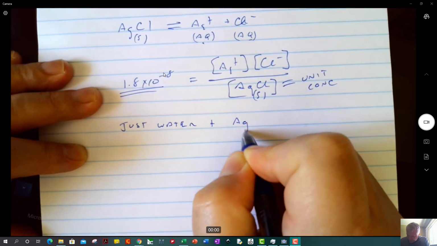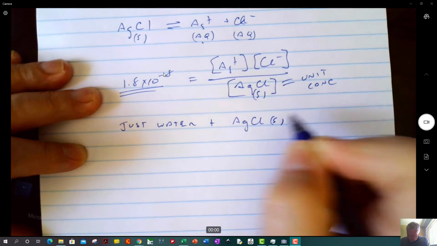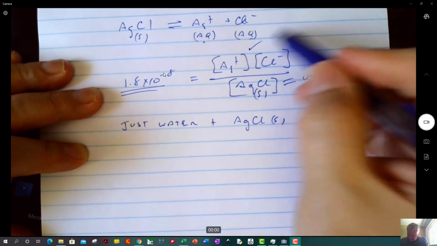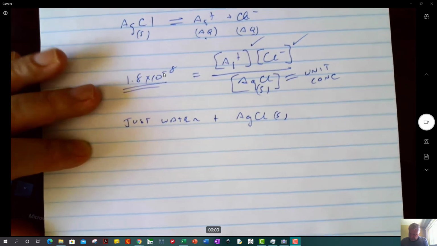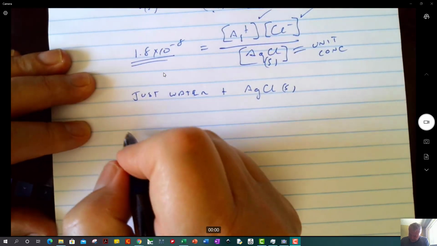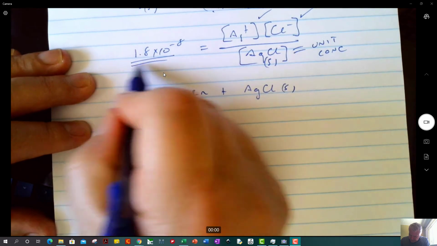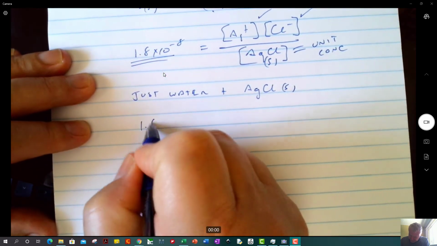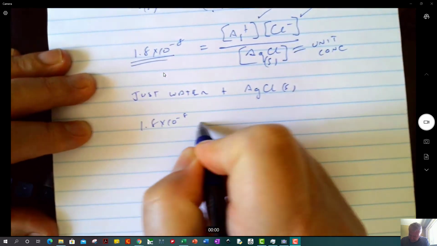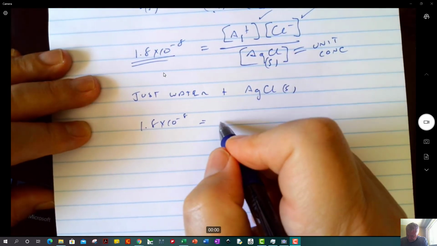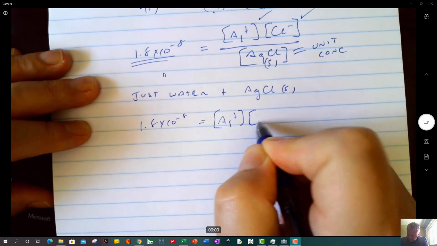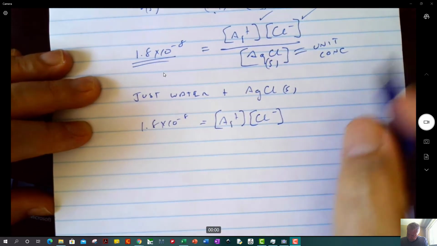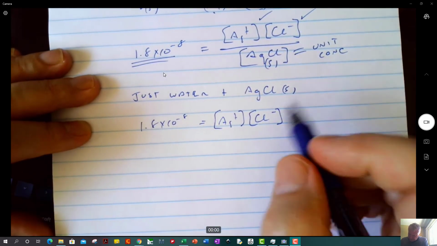So if we have just water plus AgCl solid, then the only Ag+ and the only Cl- that appear are from the dissolution of AgCl. And we can say that this is the constant part, right? So 1.8 times 10 to the minus 8 is equal to Ag+ times Cl-, just those two things.